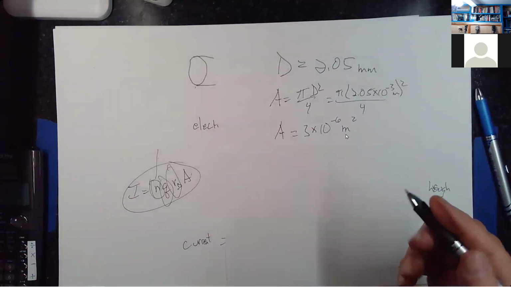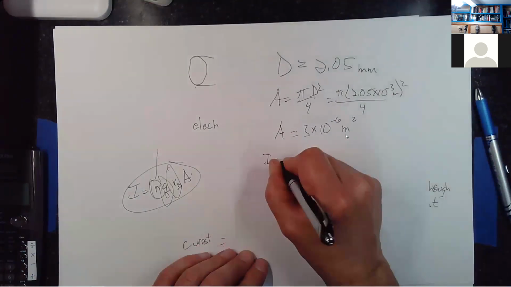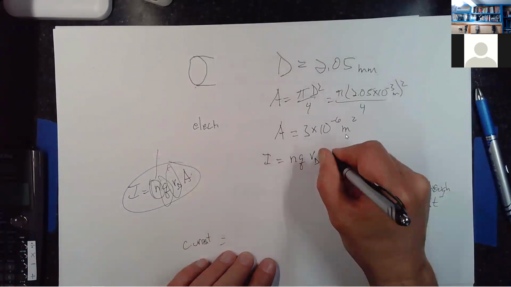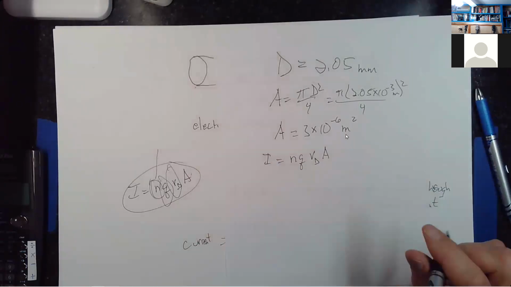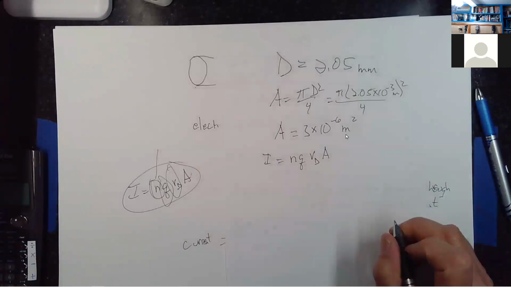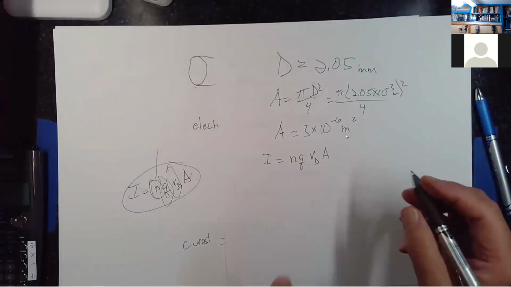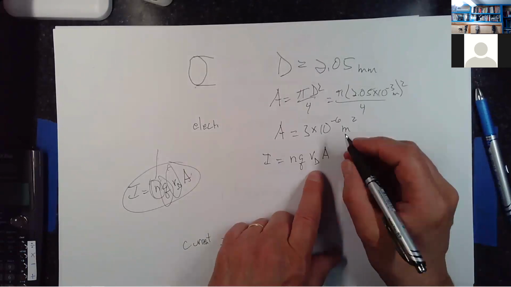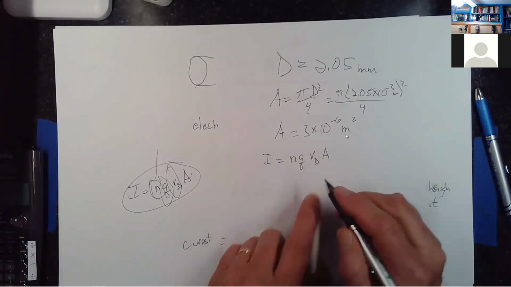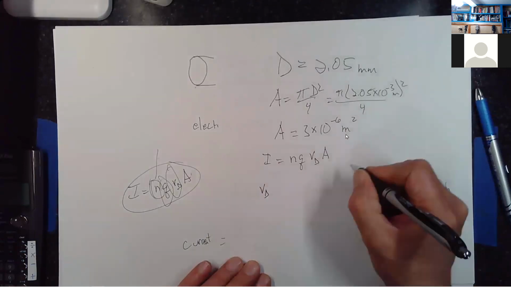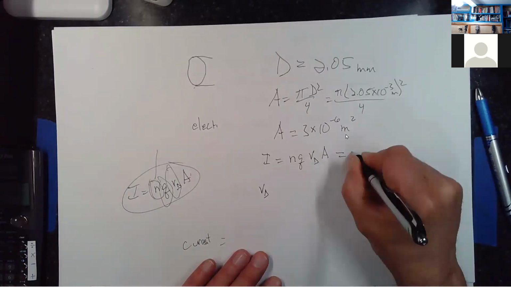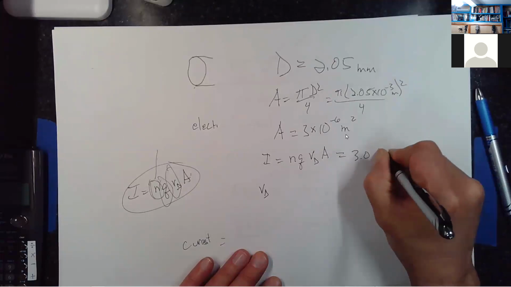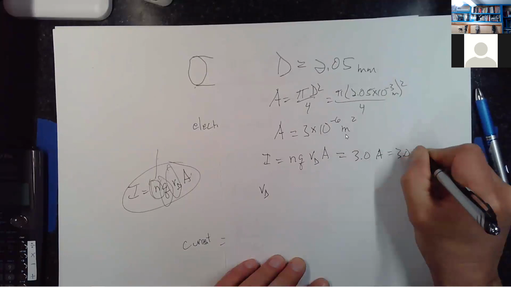And let's suppose that this wire, this will be I equals NQ V sub D times A. Oh, I'm going to need one other number, and that is the density of copper. Otherwise I'll just call it up on Wikipedia. We now know the A, we're after the V sub D, so let's let the current be just 3.0 amperes, which is 3.0 coulombs per second.